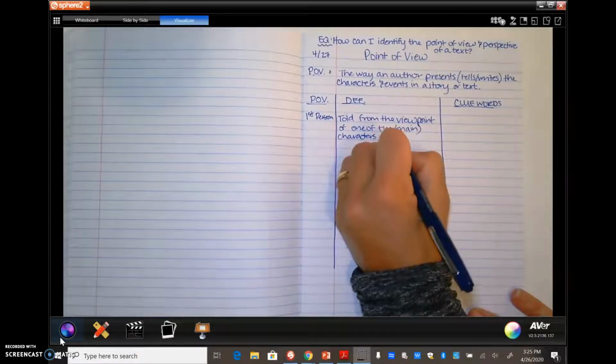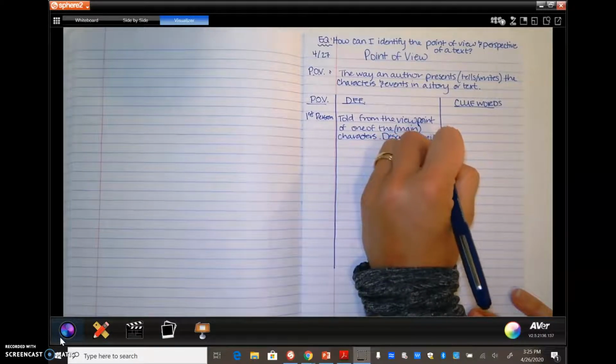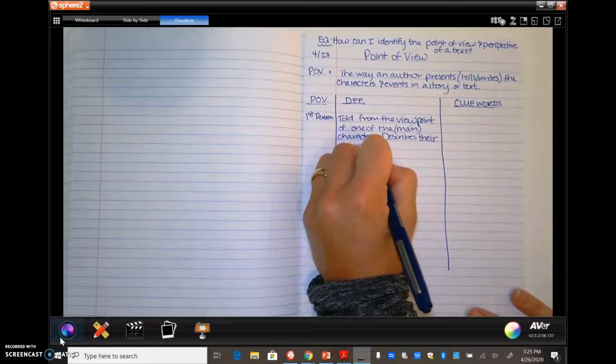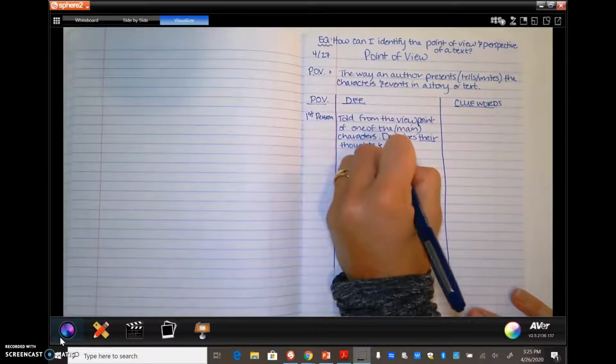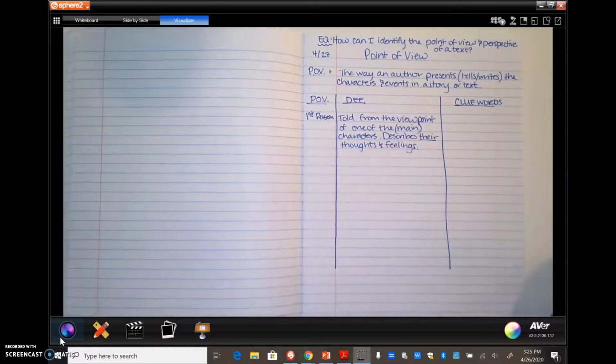This is important. It describes their thoughts and feelings. So you're seeing what's happening in the story or the text from their point of view, their eyes.